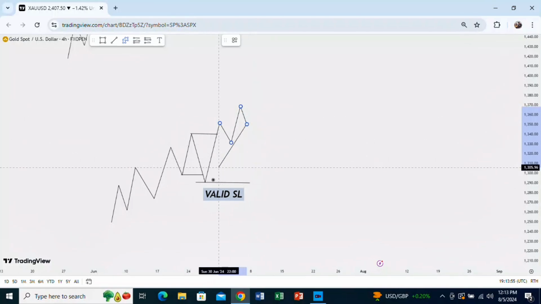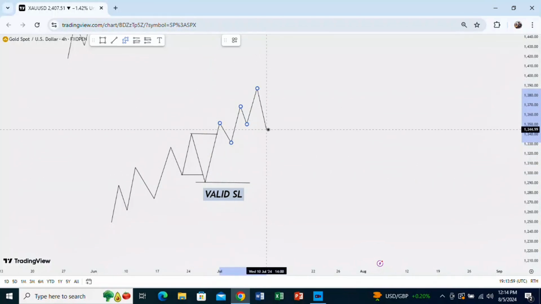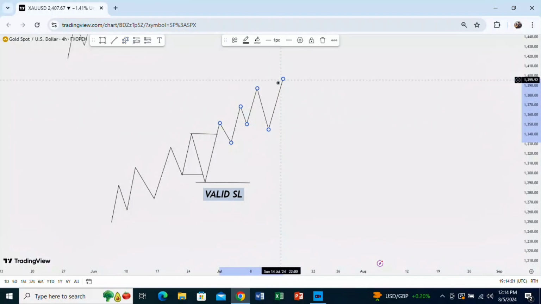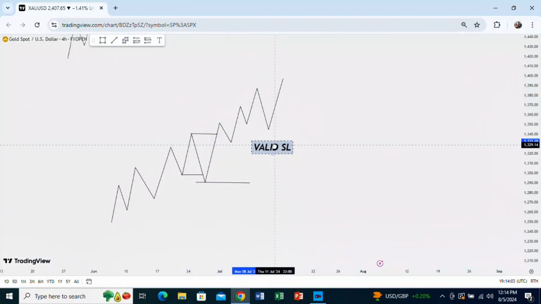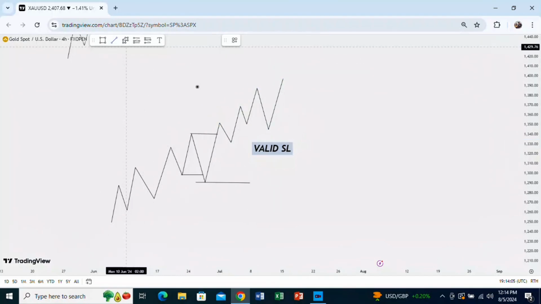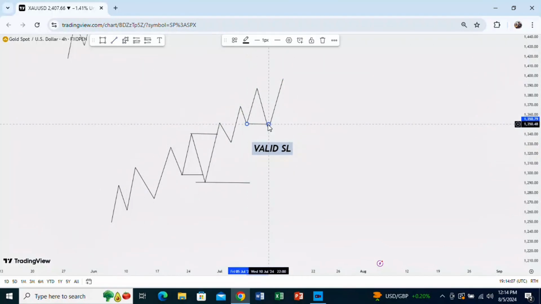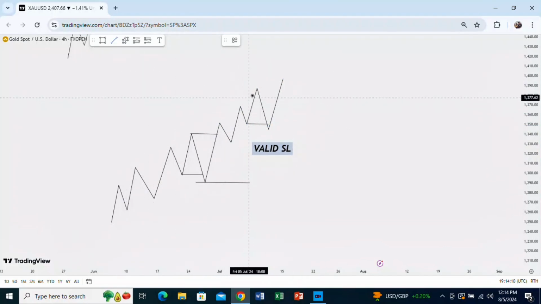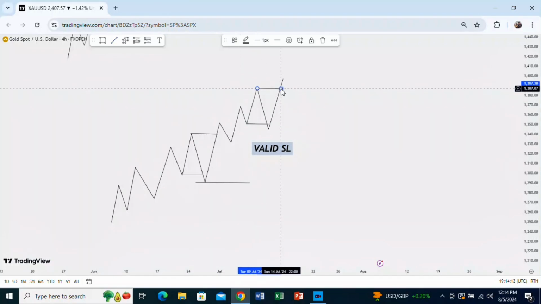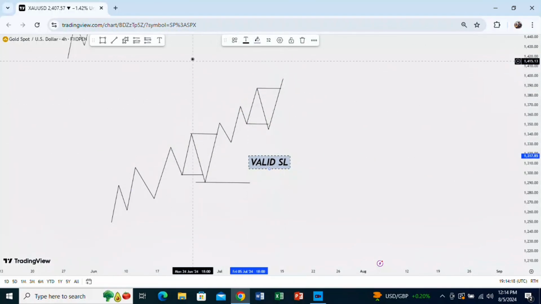Again, so far this is the last valid swing low. Okay, now again if we get an IDM and then a breakout structure, now the valid swing low will be this one. Okay, because we got this IDM and then we got breakout structure. So this low which is made after the IDM, this will be a valid swing low.